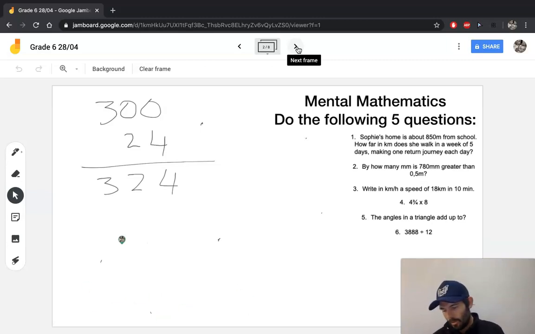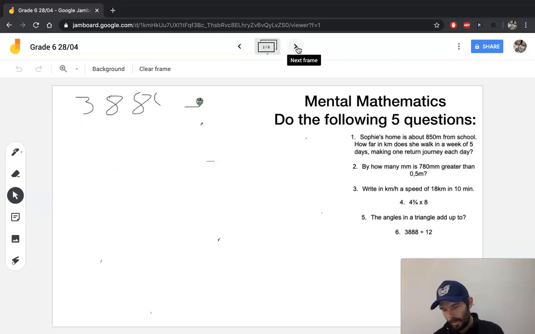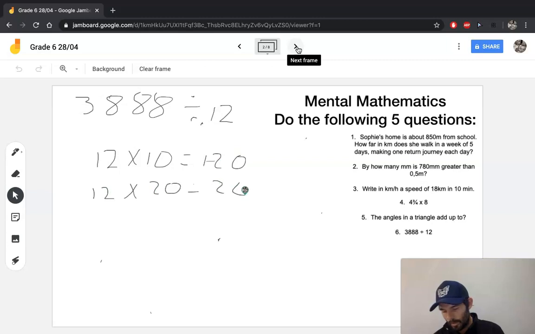kept it as 3,888 divided by 12, okay, first thing I might have done is 12 times 10 equals 120. 12 times 20 equals 240. Okay, so I'm aware that I'm well away from it.